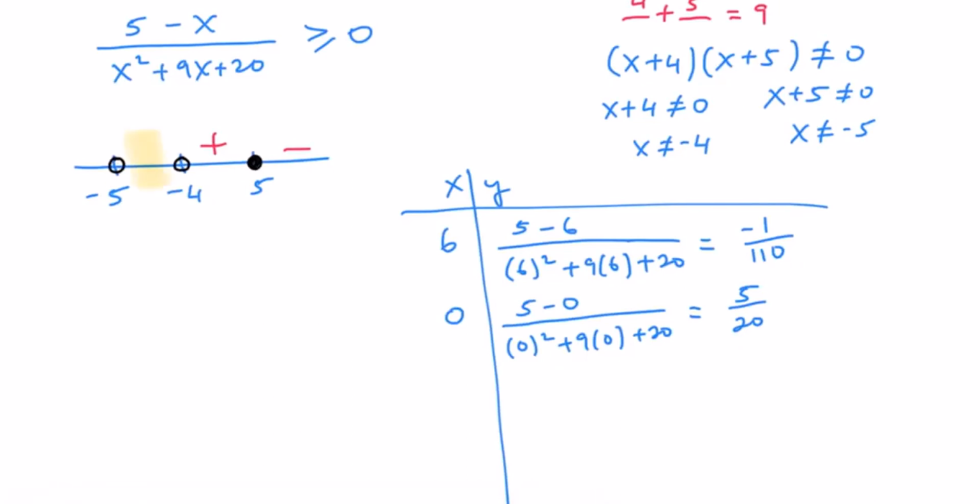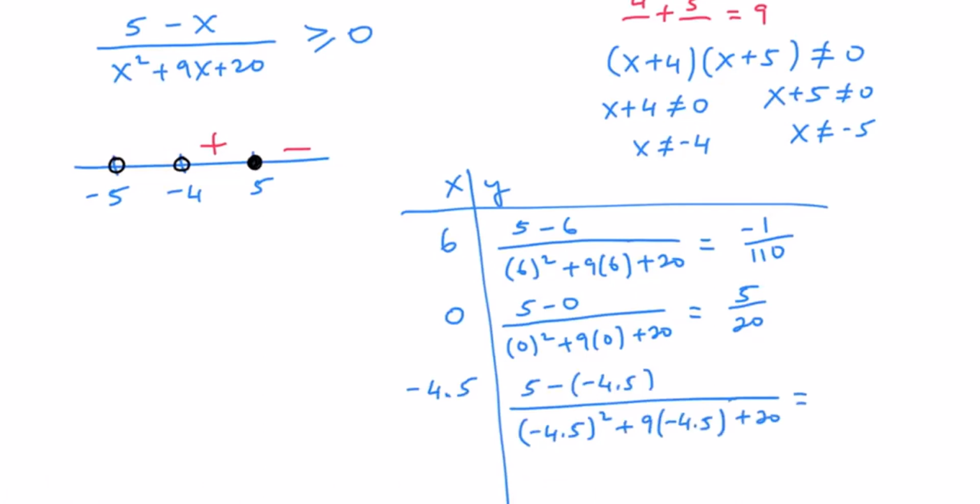Pick a number that is between negative 5 and negative 4. So let's pick negative 4.5. So we have 5 minus negative 4.5 over negative 4.5 squared plus 9 times negative 4.5 plus 20. So here we have 9.5 over negative 0.25, which is negative 38.